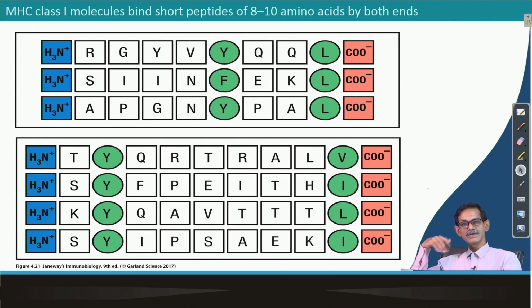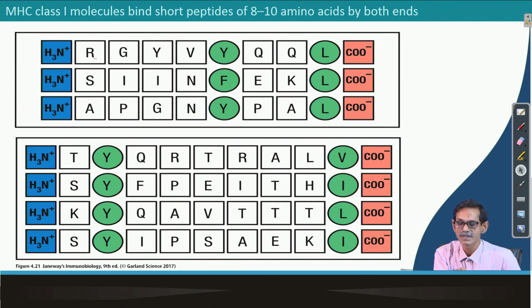So what happened? Different peptides were tried. Is this binding specificity as specific as antibody-antigen interaction or T cell receptor-peptide interaction? No. They can accommodate smaller peptides, but their specificity is not that strong, not like antibody-antigen interaction.